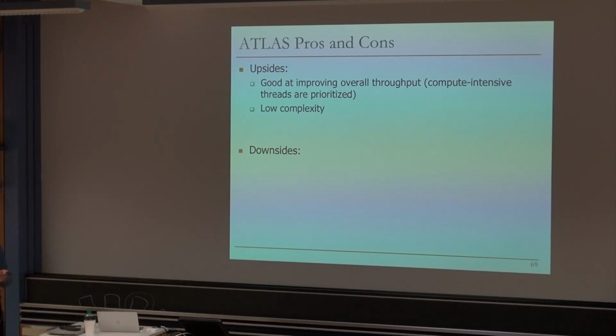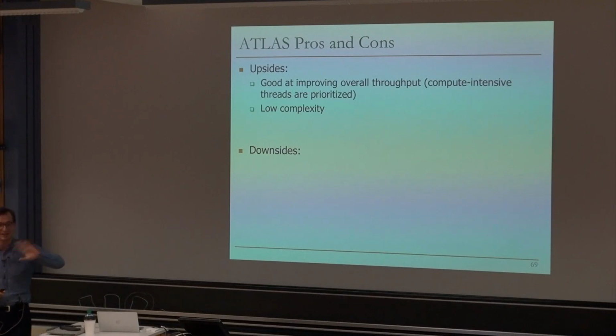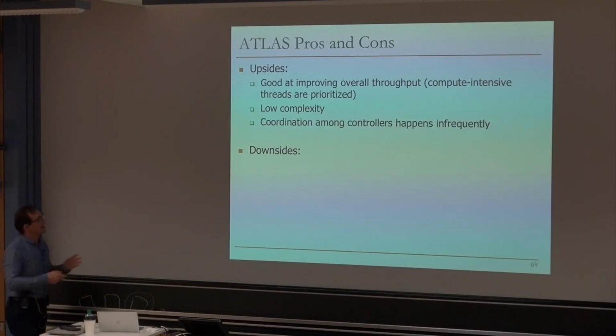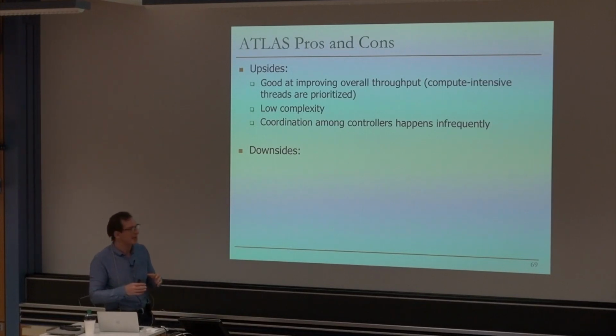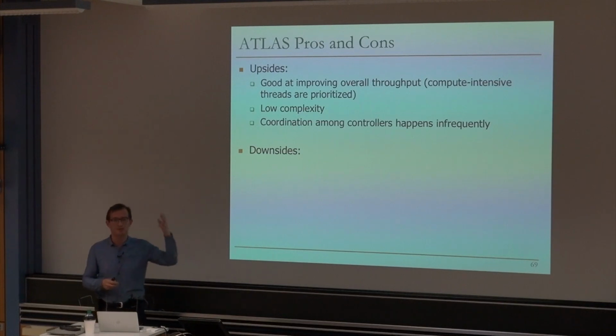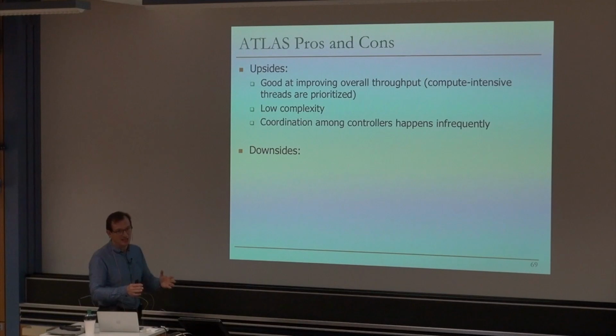Okay, this is low complexity. Actually, this is one of the simplest schedulers that we discussed that provides some sort of thread awareness. And actually, coordination among controllers happens infrequently. This is something that we haven't discussed that much, but for example, if you have parallelism-aware batch scheduling, you form a ranking of threads. And that ranking is formed when the batch is formed.